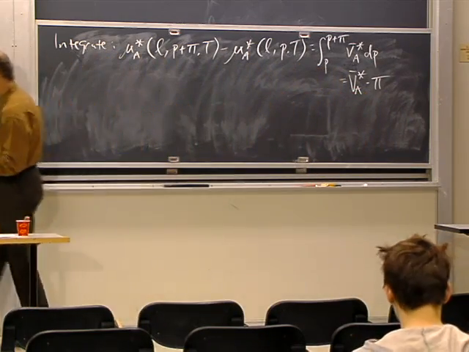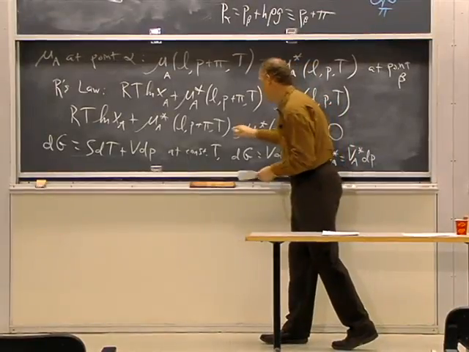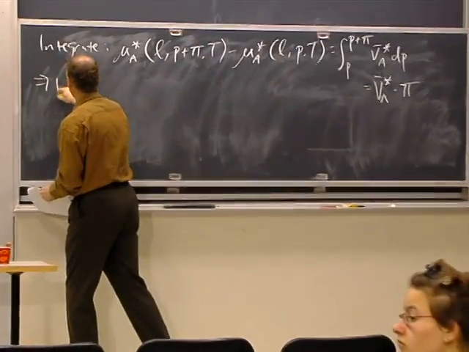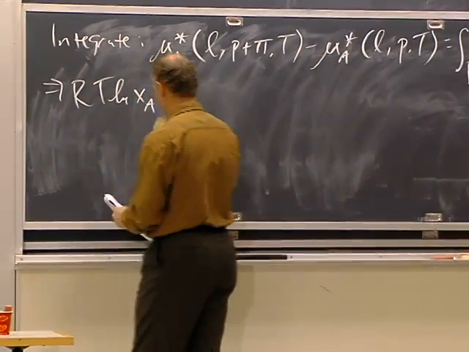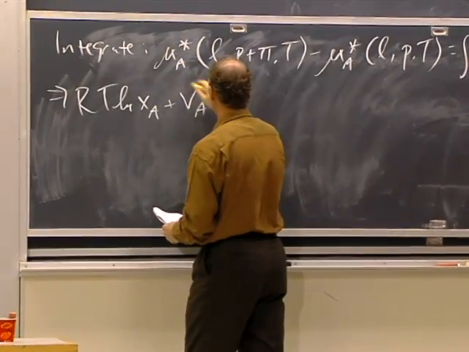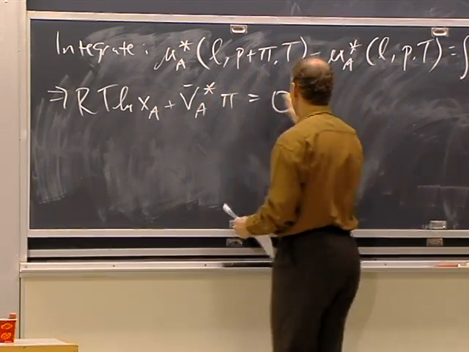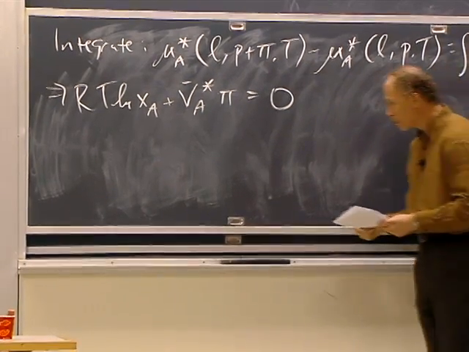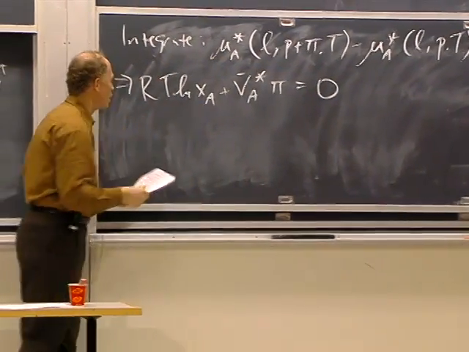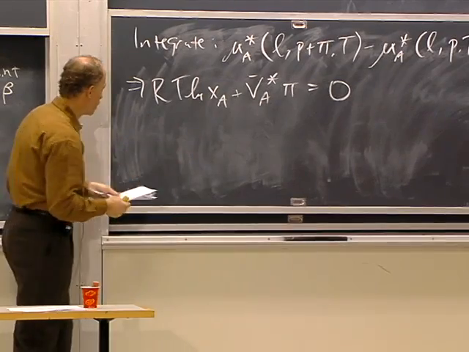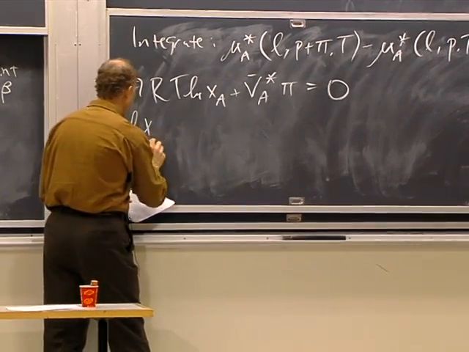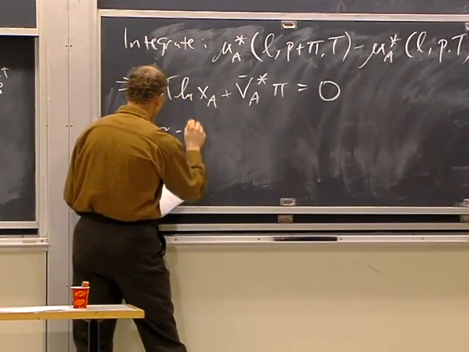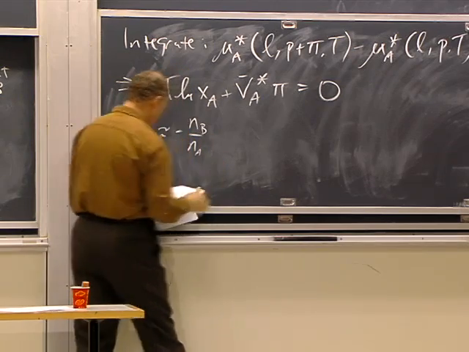So then, substituting back here, now we've calculated this difference. It's a simple result. So then we simply have that RT log XA plus VA bar star pi is equal to 0. Now, you saw last time, and I'll work through this quickly again, that the log of XA can be written approximately as minus NB over NA.